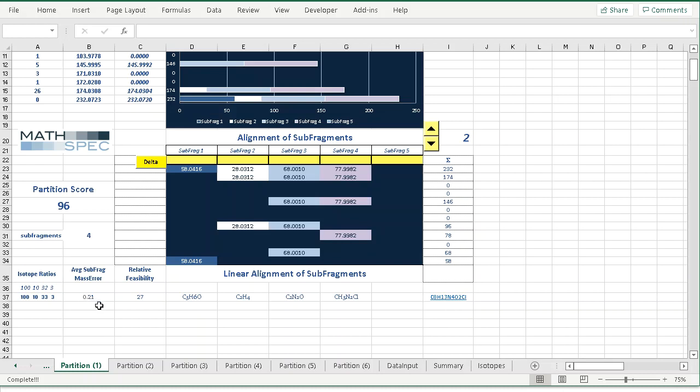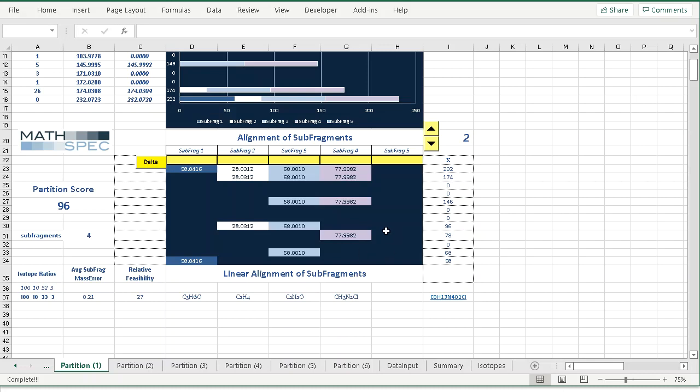This is the average mass error of these subfragments from the theoretical mass of the formulas. And it's in millidaltons, so the data is very good as far as matching this particular formula and subformulas. The relative feasibility takes into account both the mass error and how common these fragment formulas are.